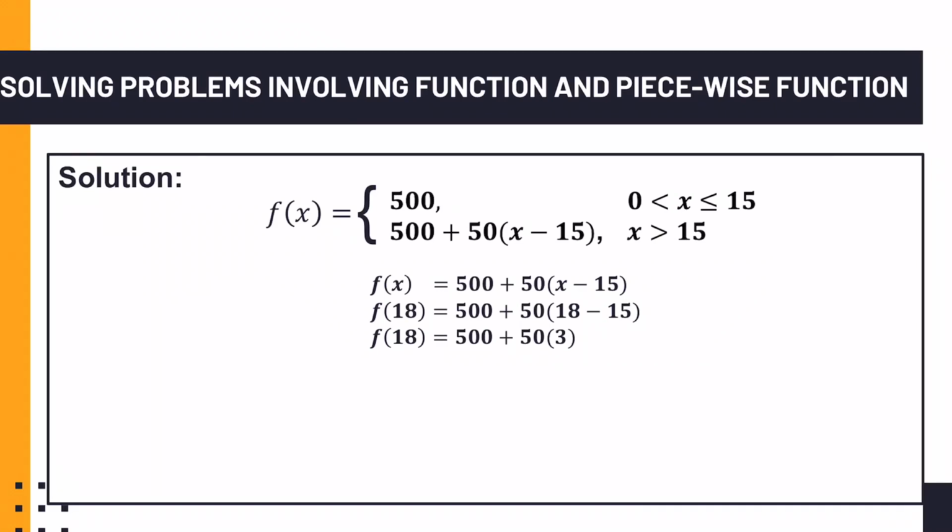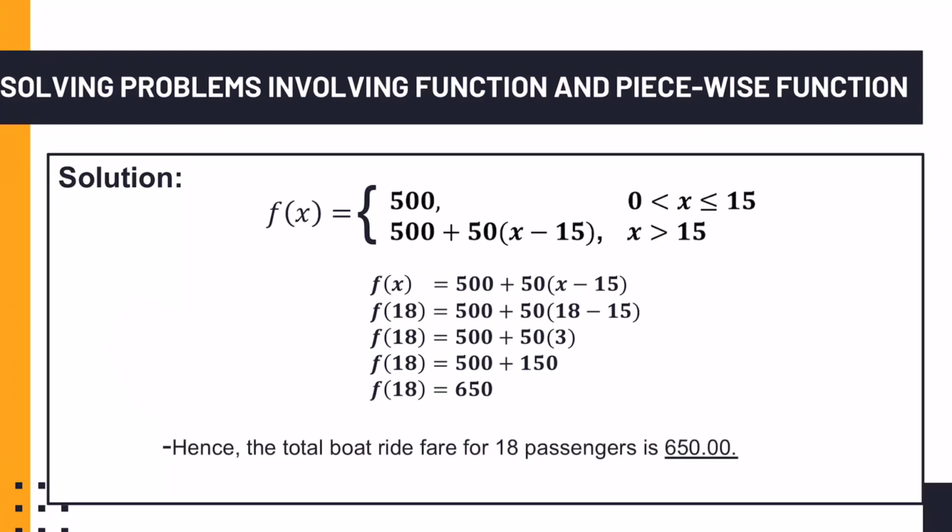Simplify, f of 18 is equal to 500 plus 50 times 3, that would be 150. Adding or combining similar terms, that would be f of 18 is equal to 650. Therefore, the total boat ride fare for 18 passengers is 650.